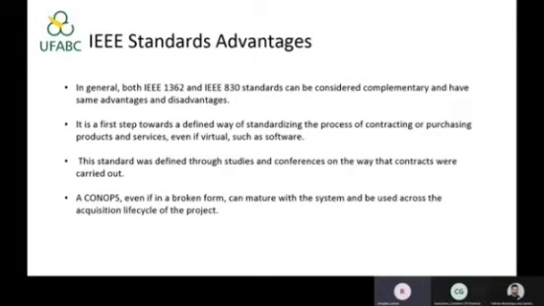A ConOps, even in a broken form, can mature with the system and be used across the acquisition life cycle of the project.